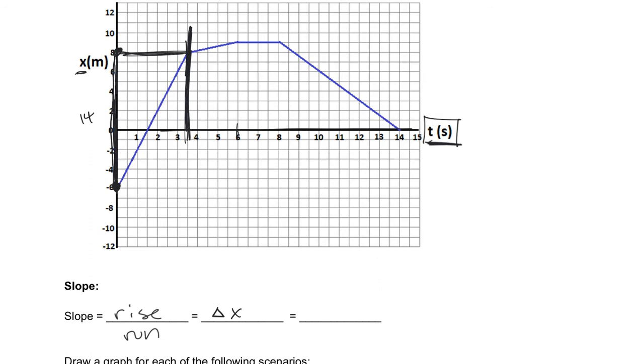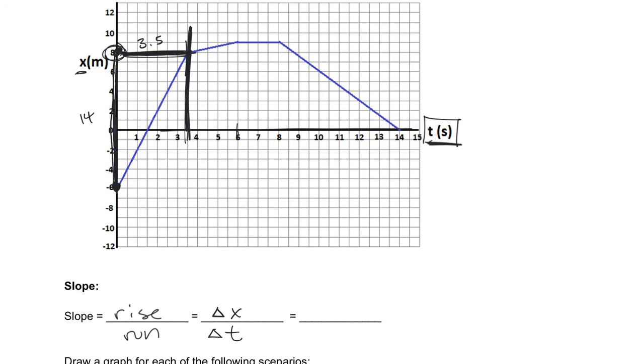And then if we look at the run, as we go over, that's from 0 to 3.5 seconds. So that's a 3.5. As we go over horizontally, the thing that's changing isn't our x. We're staying on x equals 8. The thing that's changing is our time. So we'll have a delta t, a change in time.